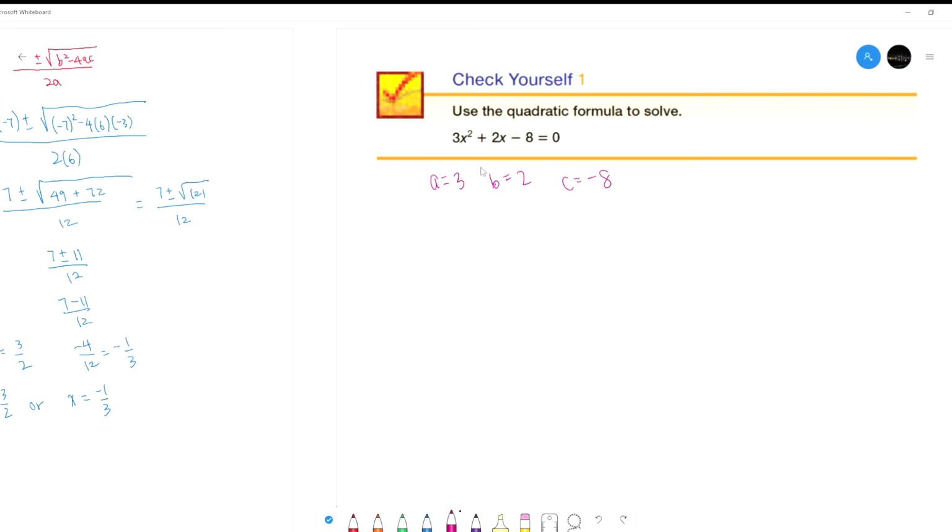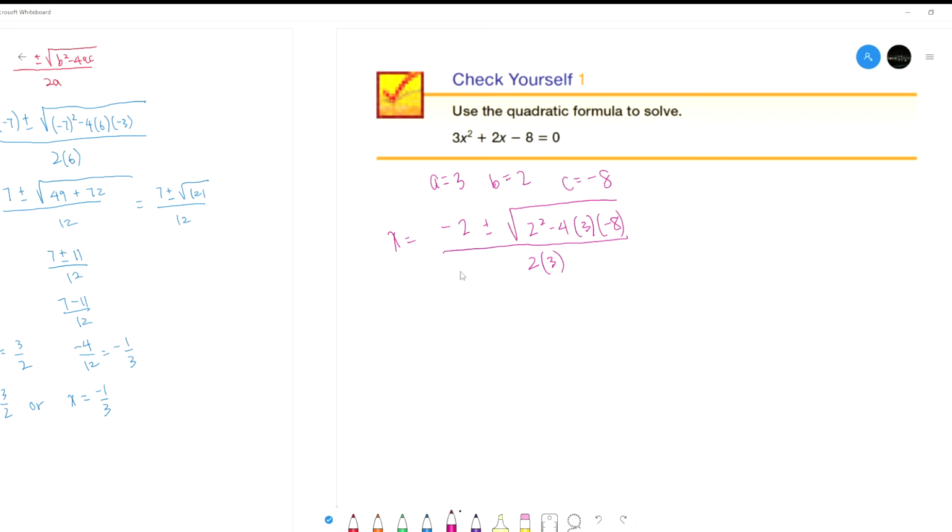As long as you identify these properly, you should be good. x is equal to negative b plus or minus the square root of b squared minus 4 times a times c, all of this over 2 times a. You notice the 2, I didn't need to write parentheses around it because it's a positive number.